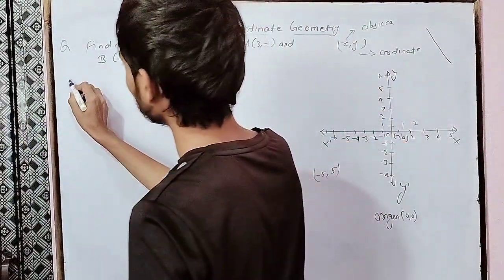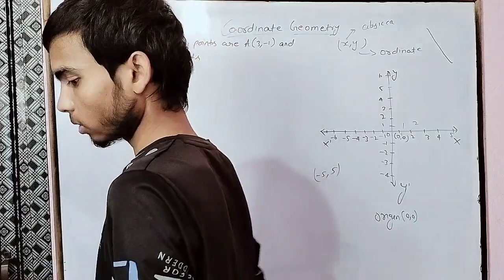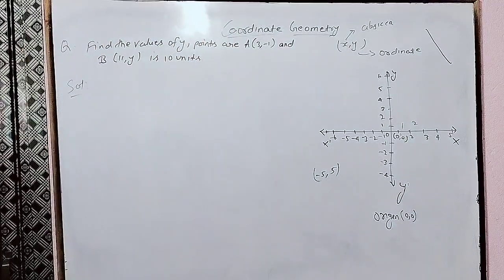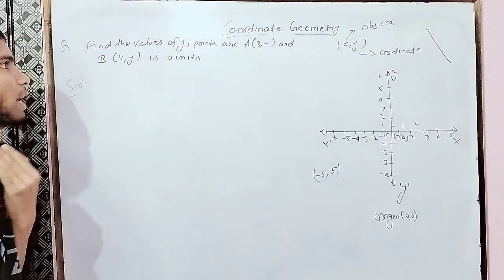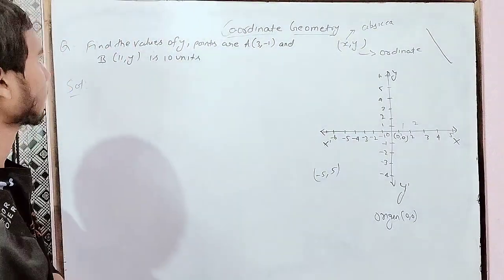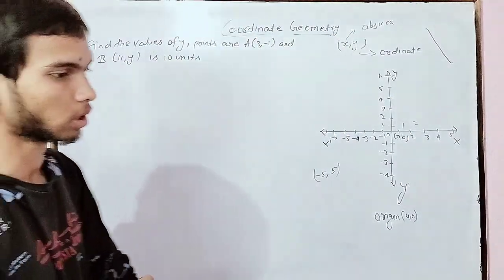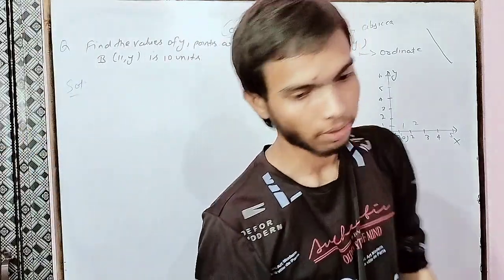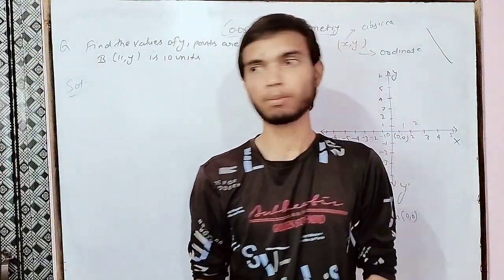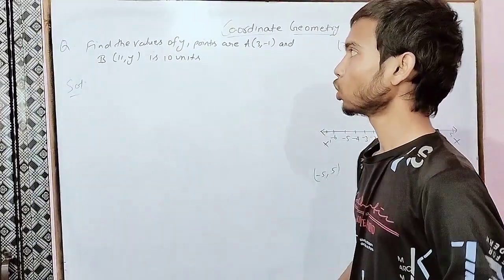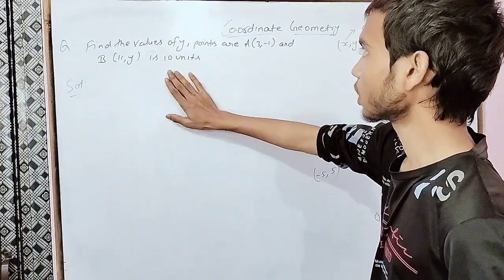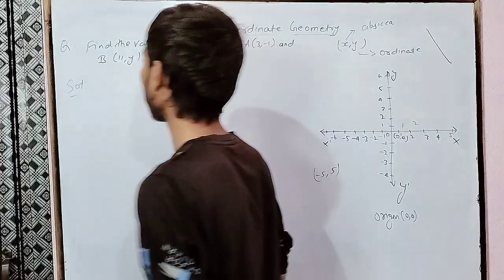Now let's solve. Try to understand what the question is saying. It is saying we have been given 2 points in which we have to find the value of y, and we have been given the distance between these points, 10 units. So the distance between A and B is 10 units.